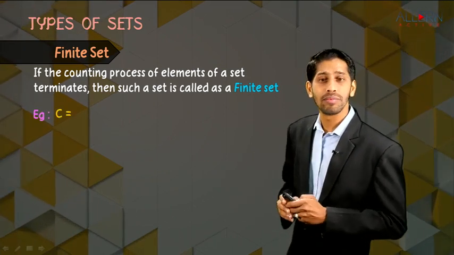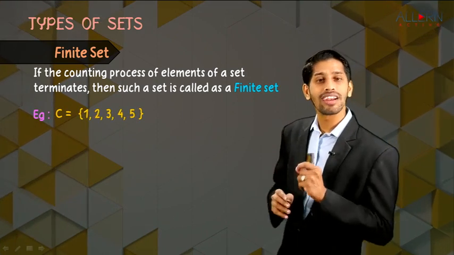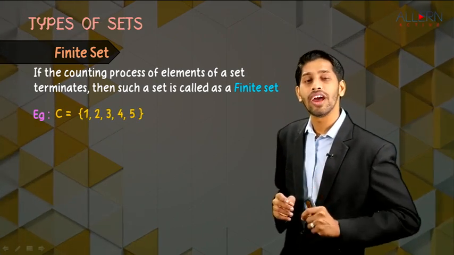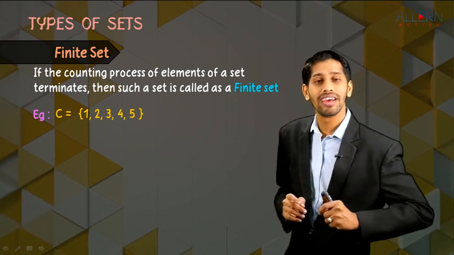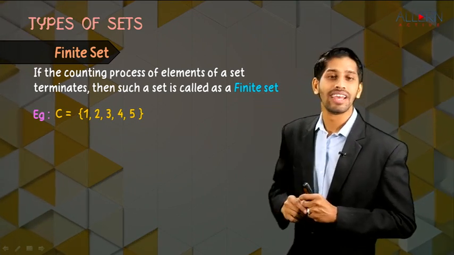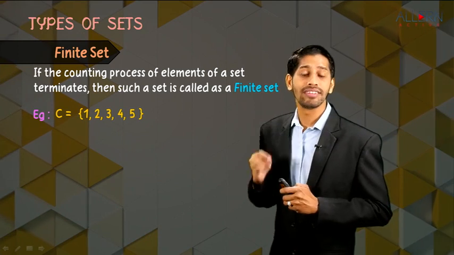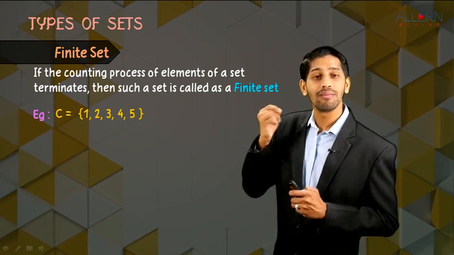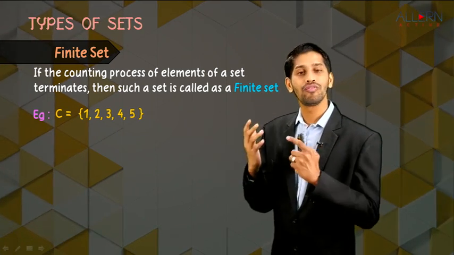Let's take an example. C is equal to, in curly brackets 1, 2, 3, 4, 5. If we just count how many elements there are, there are 5 elements, and since there are 5 elements, the counting of elements terminates. This example is of a finite set.